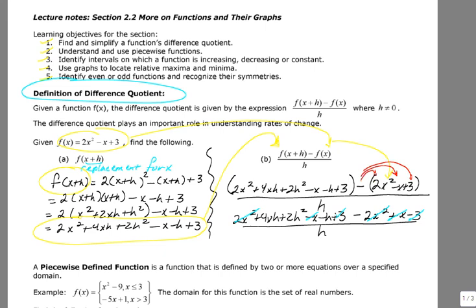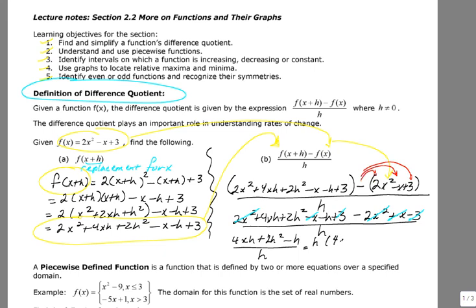Anything else cancels? No, I think we've grabbed everything that canceled out. So now let's go ahead and grab everything that's left over. What's left over is a 4xh plus a 2h squared minus an h. The rest of that blue stuff is gone, and this is all divided by h. These quantities will always reduce, and in this case we can factor an h out of the numerator.